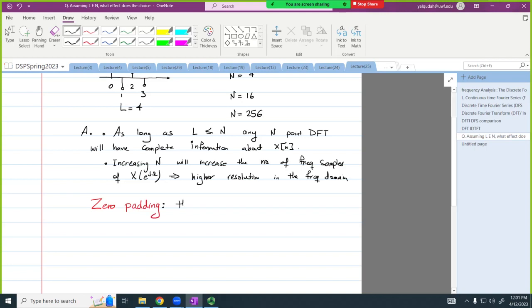So zero padding is the process of increasing n without changing the length of the sequence. What does that mean?